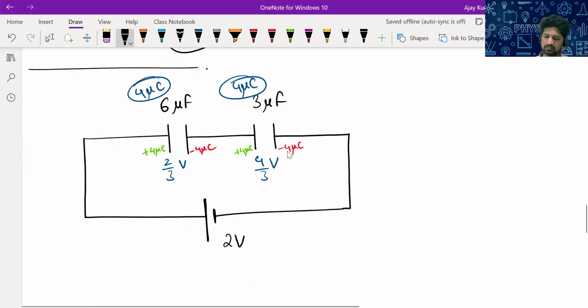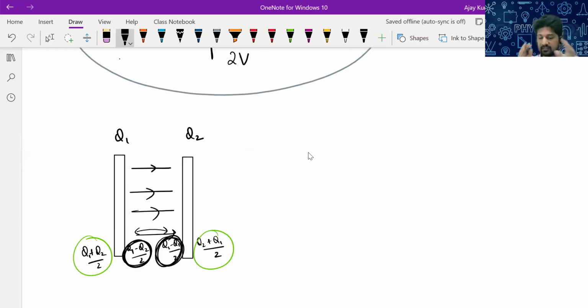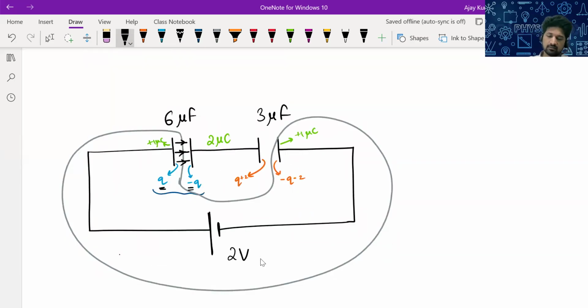Like in the case of parallel plates, the field between the plates depends only on the charges facing each other, Q and minus Q, not on the charges which are outside. So the voltage across the first capacitor will be Q by C.